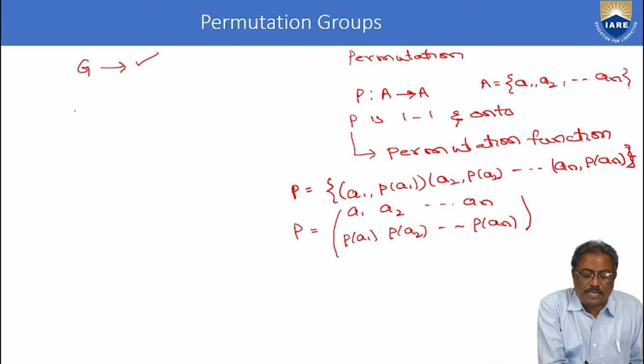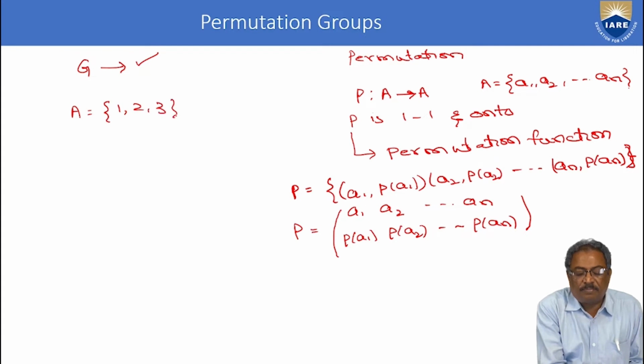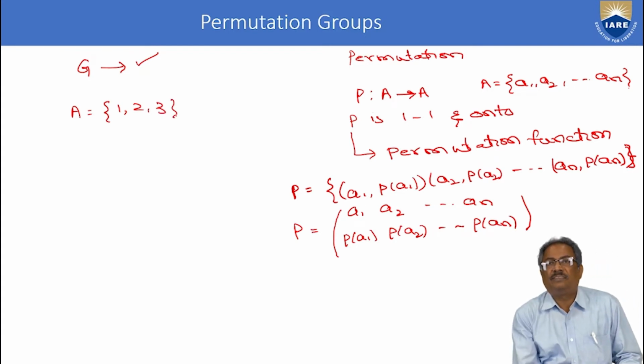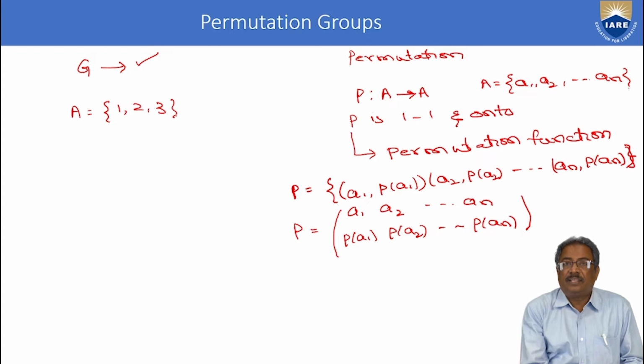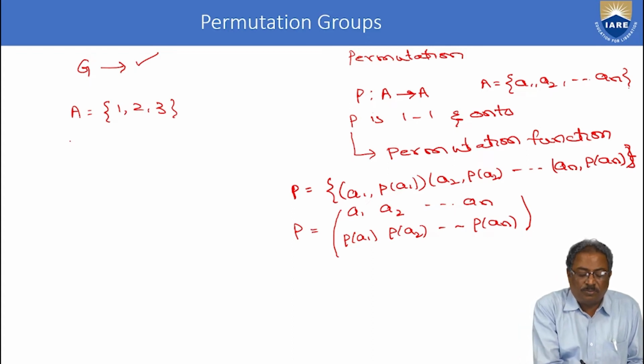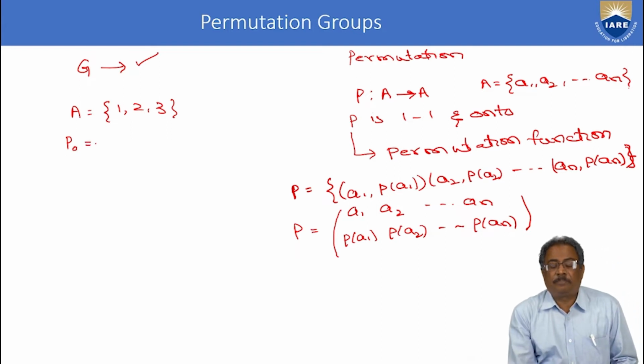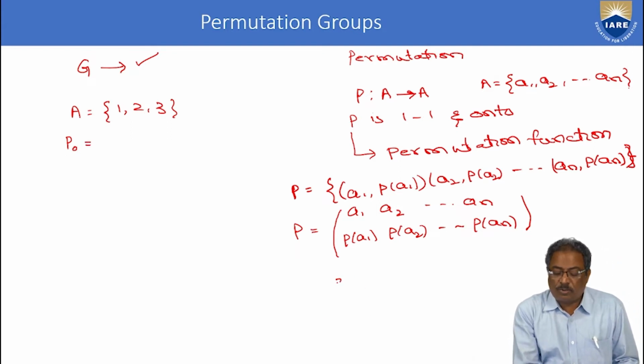Suppose we take A equal to the set 1, 2, 3. Then, since it consists of 3 elements, we are going to get 3 factorial permutation functions, that is 6 functions.